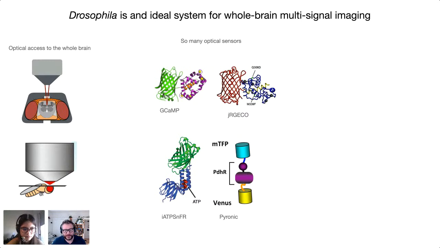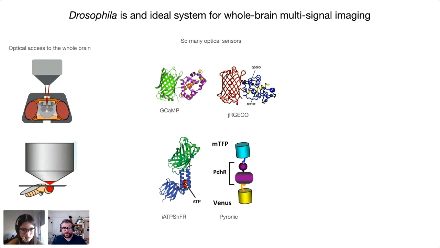So when a neuron fires and calcium is released, this is your proxy for that. Also a red-shifted version of this, the R-GECO family of indicators. It operates essentially the same way that GCaMP does, but it's a red-shifted protein. And then also two sensors, or proxies, for metabolism: the iATPSnFR, which binds ATP and increases in fluorescence, and the Pyronic sensor, which does the same for pyruvate.